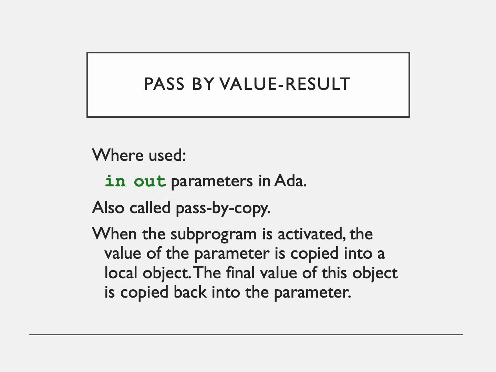Now, this method can be quite useful when you want the subprogram to work with a value and then return a result without affecting the original variable until the very end of the subprogram. It provides a level of safety against changes during the subprogram's execution, but ensures that the updates are still reflected in the original variable afterwards.